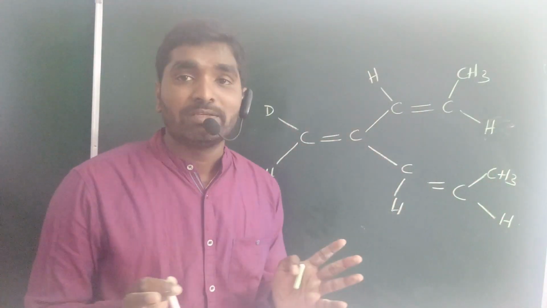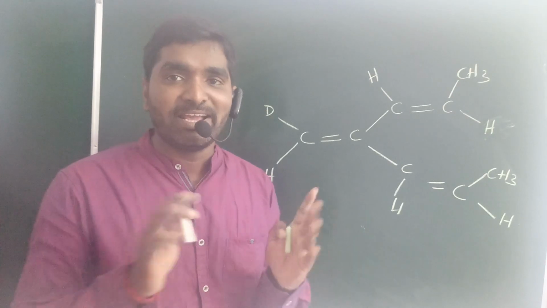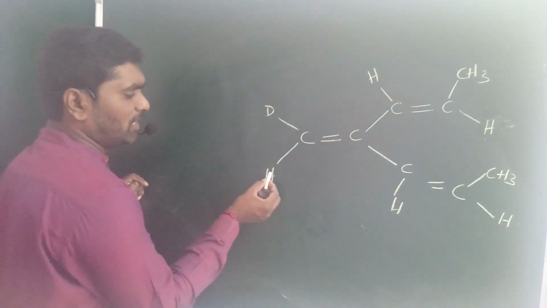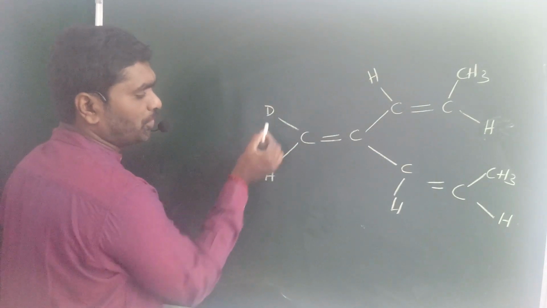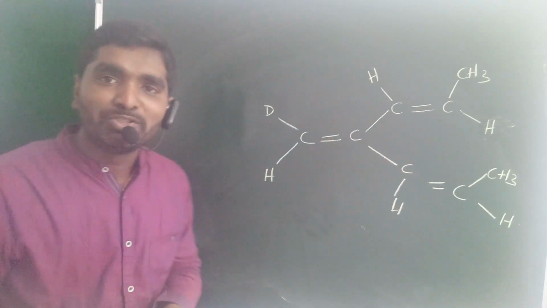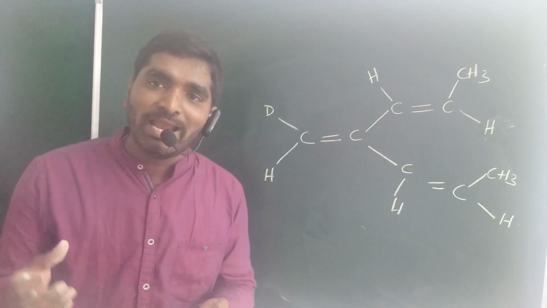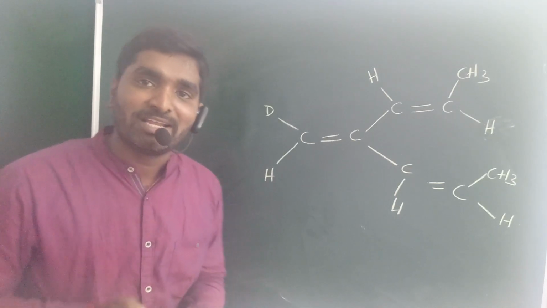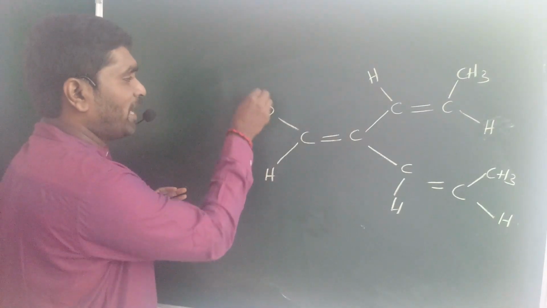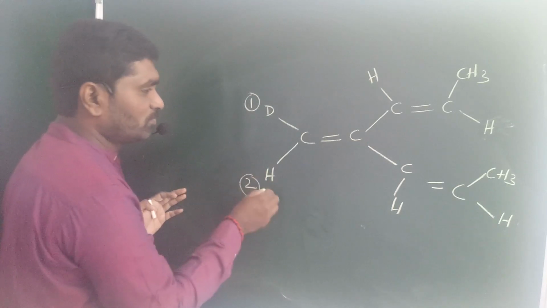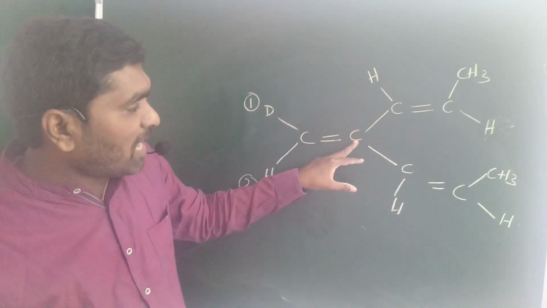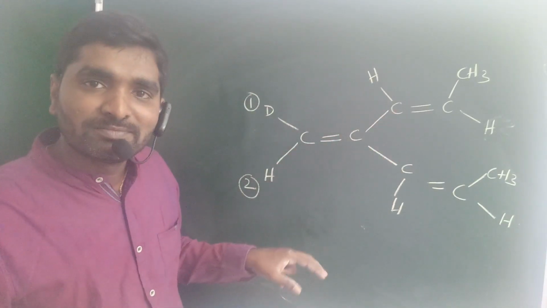How can you find the priority order in this compound? Look at this one. You know that this carbon is bonded with the deuterium and hydrogen. Always, when you have isotopes, atomic mass is the dominating factor. So, first priority group, second priority group. Look at this one. Carbon is bonded with the carbon atom.